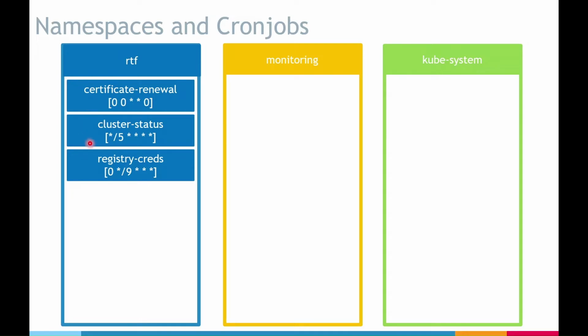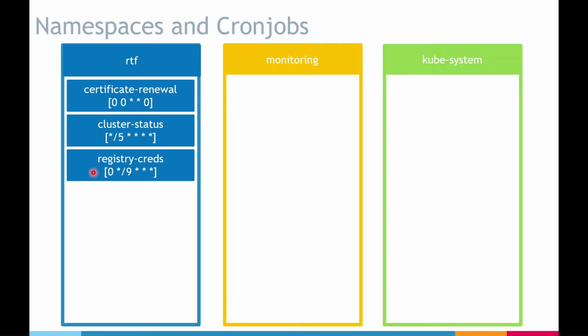Next is the cluster status. Like we saw in the previous slides, the cluster status pod's job is to update all the status to the Anypoint platform. So this cron job triggers the pod every 5 minutes. And the certificate renewal pod runs on this cron job expression, so it basically triggers every Sunday at 12 a.m. And next is the registry credential.